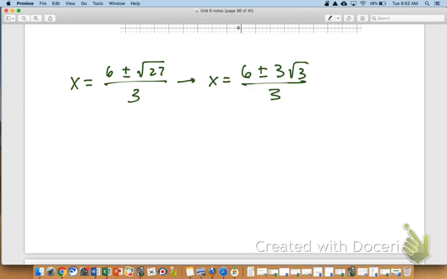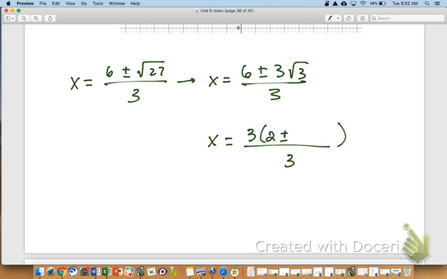So here's what you do. And I would say this would represent the most challenging variety of these. Look at your numerator and ask yourself, is there a common factor between those two terms? 3. There's a common factor of 3. So I am going to factor out the 3, 3 parentheses, and now I have to write the leftovers. If I had a 6 and I factored out a 3, what's left over? 2.